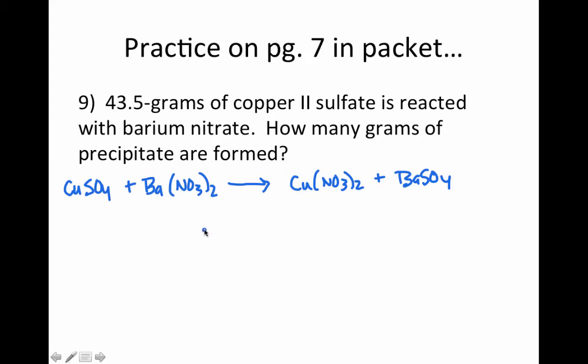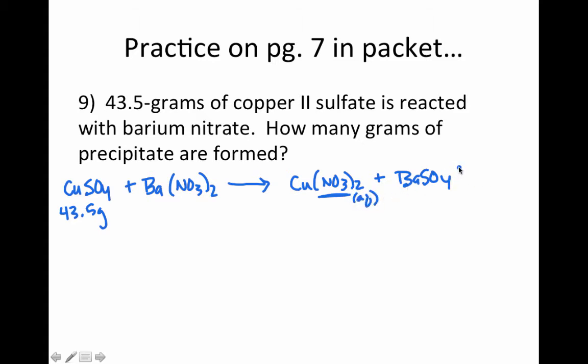Ooh, this is a tricky question. So it says 43.5 grams of copper 2 sulfate is reacted with barium nitrate. How many grams of precipitate is formed? So what you have to do is look at your solubility chart to figure out which one of these is your precipitate. Now I know on my solubility chart that every nitrate compound is soluble, so I know that this is going to be an aqueous solution.